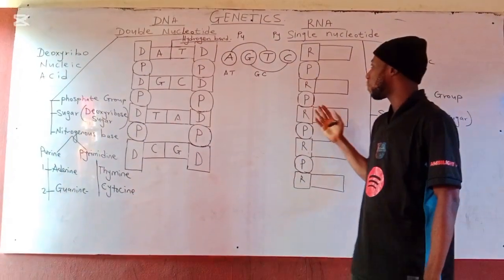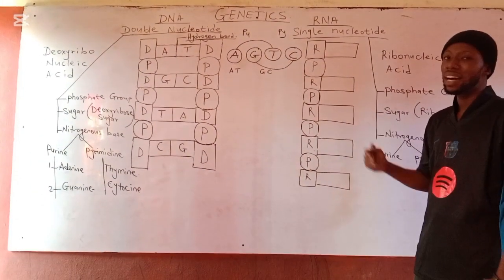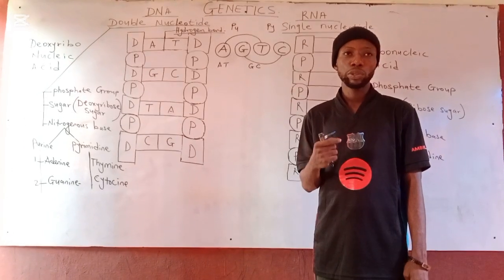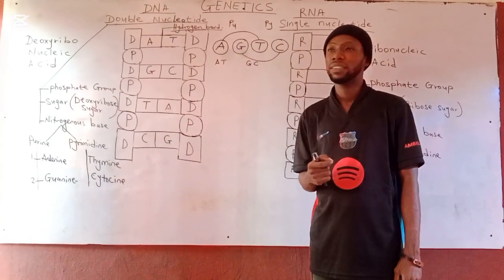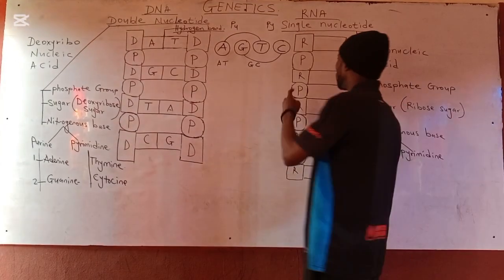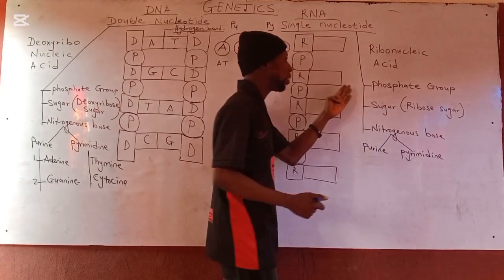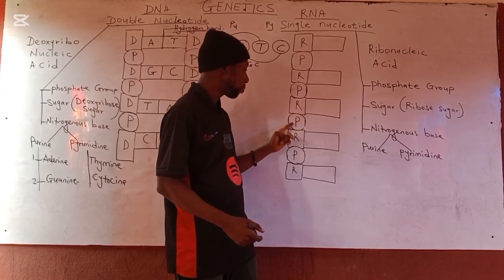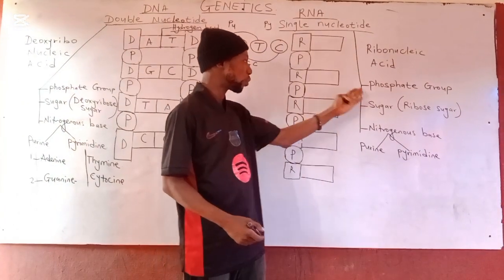Now let's look at RNA. RNA has a single helix structure because of the single nucleotide. As we have in DNA, the single nucleotide consists of a phosphate group, which is represented with letter P, and consists of sugar.